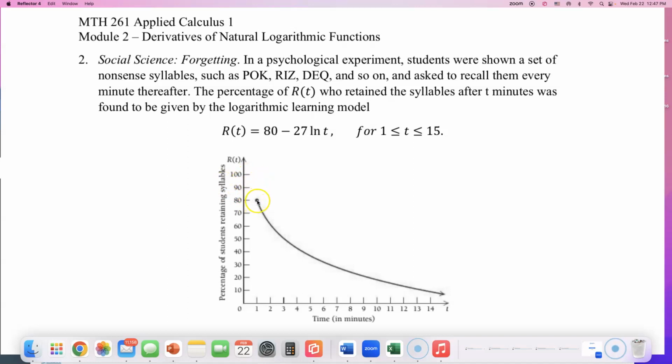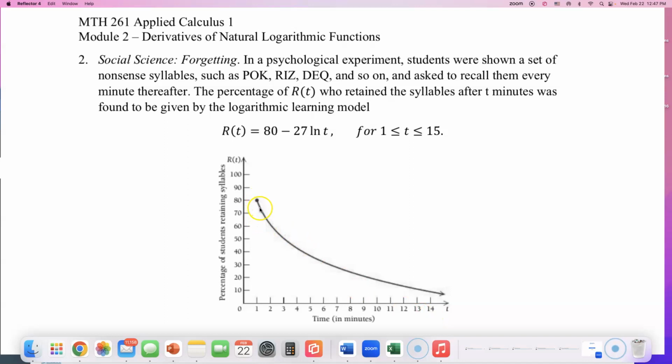But that's going down, right? So after 10 minutes or so, only about 20% of students are still retaining these syllables. Close to 10% of students are still remembering it after 14 minutes.